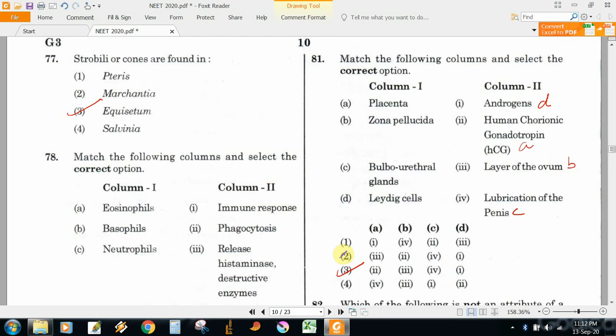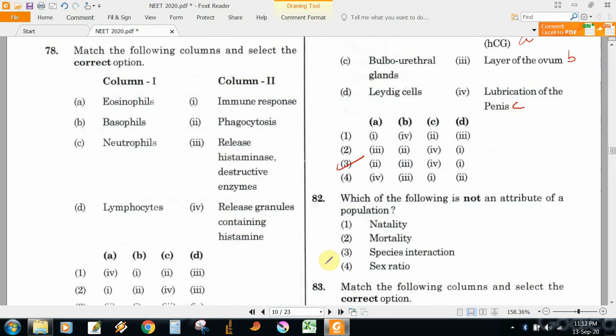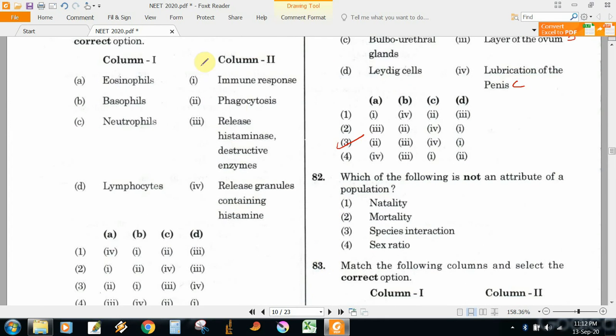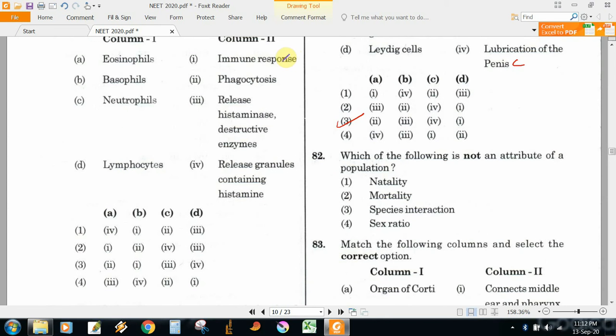Now let's move on to the next question. Again, one more match the following question. Column 1 is eosinophil, basophil, neutrophil, and lymphocytes. And column 2 we are having immune response, phagocytosis, release of histamine destructive enzymes, and release of granules containing histamine. So we know immune response is mainly mediated by the lymphocytes, so hence it is A over here.